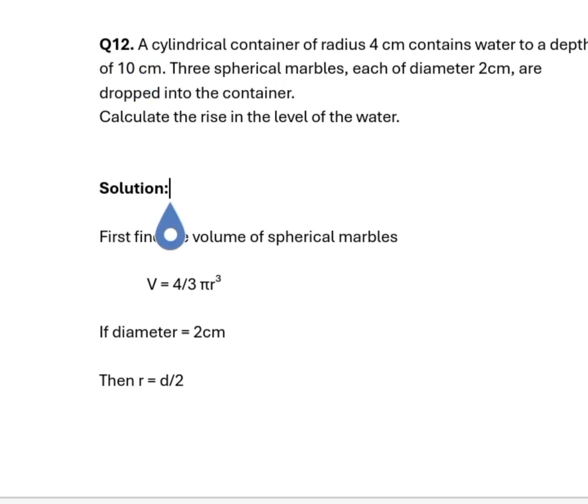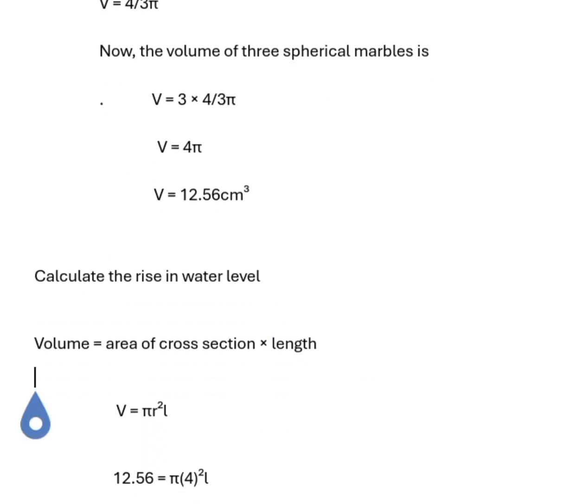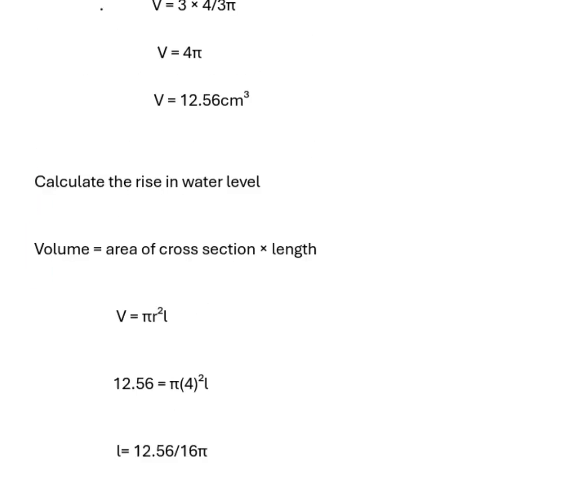The formula for finding the volume of the cylinder is area of cross section multiplied by length. So area of cross section is equal to pi r square, into L, and we have found the volume of the three marbles, which is 12.56.